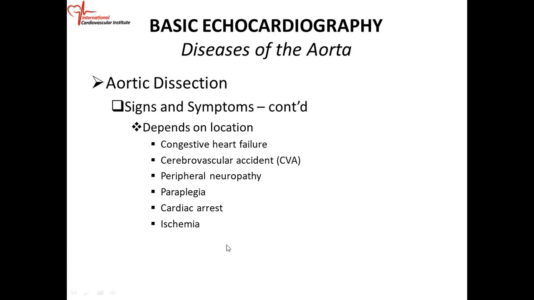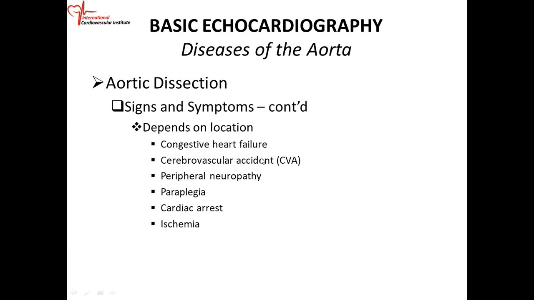Patient can also present with congestive heart failure, strokes, because if the dissection moves up the aortic arch and nips off, say, the innominate or the common carotid, the patient can present with stroke, because remember, the common carotid divides into internal and external carotid artery.